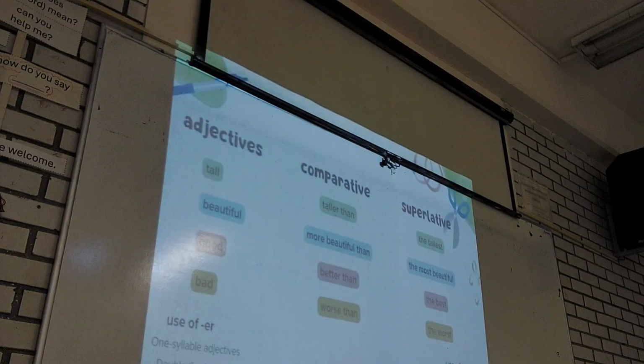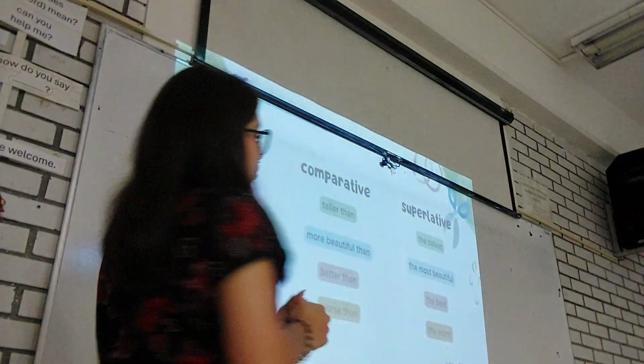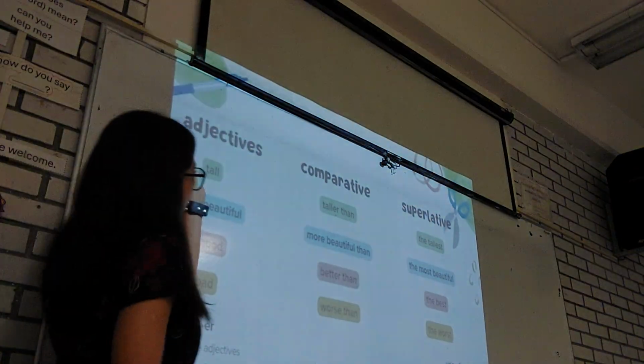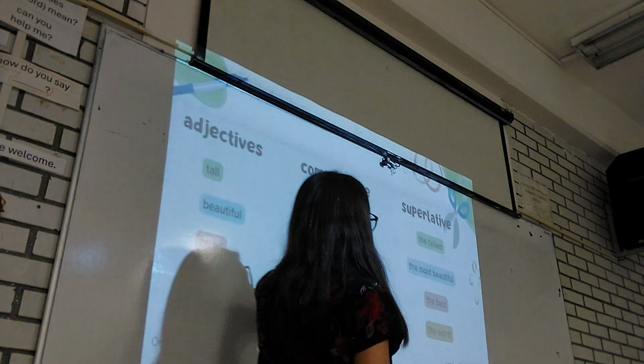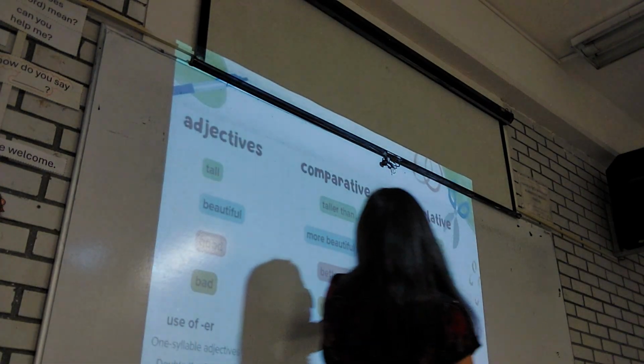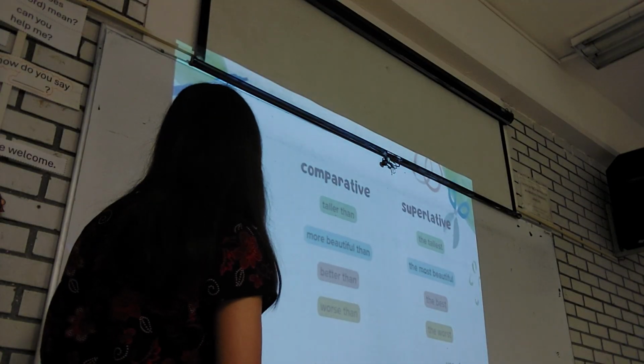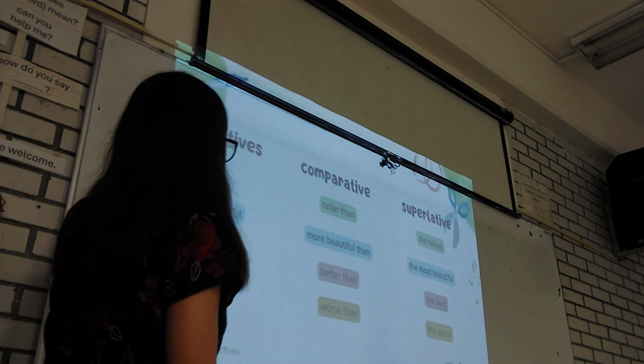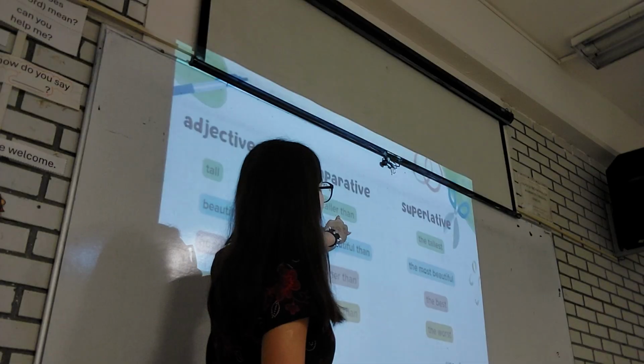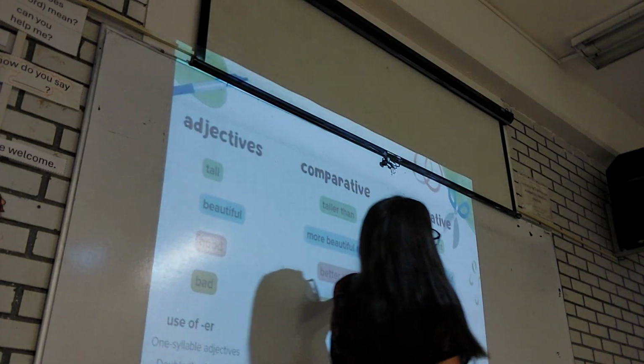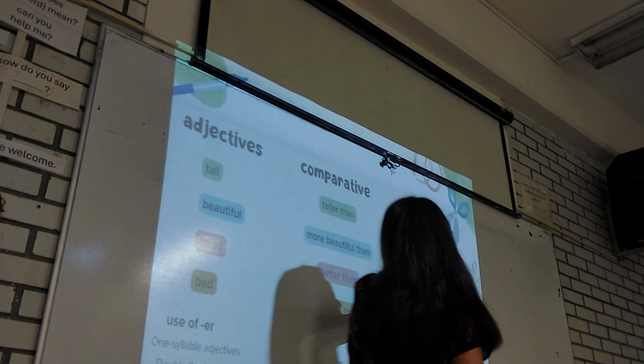We have a little table with some adjectives, their comparative form and their superlative form. So as you can see, we have tall, that is taller than, and the superlative, the tallest.